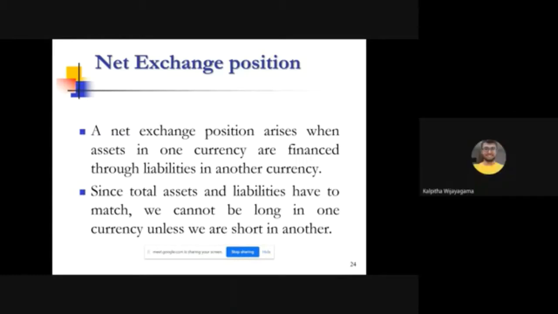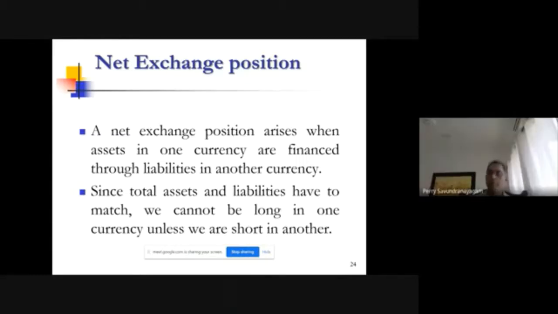It could also be where you have a mismatch in your buys and sells, but you choose to go out and, for whatever reason, just stay square. Say, for example, you have sold your dollars to an importer, but you don't want to be in a position where you're short dollars. You go out and buy dollars again and square your position.